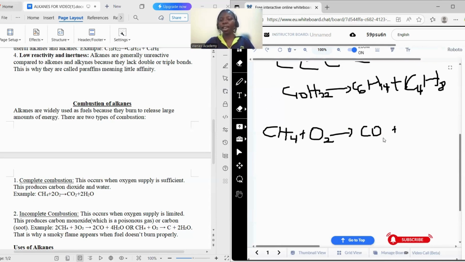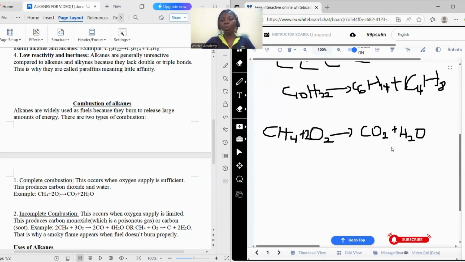But in the case of incomplete combustion, there is a limited supply of oxygen. The oxygen that is supplied is very limited. So therefore, instead of carbon dioxide, carbon monoxide or soot in the form of carbon will be produced, and water.